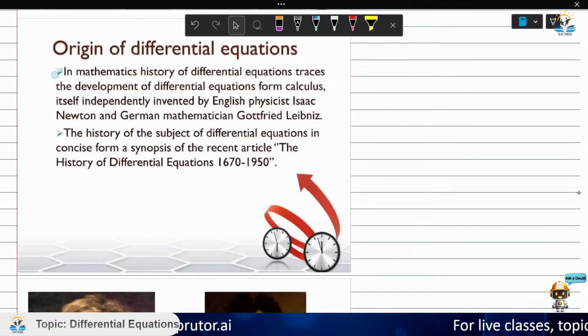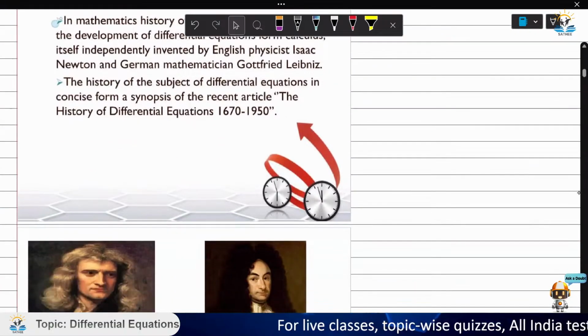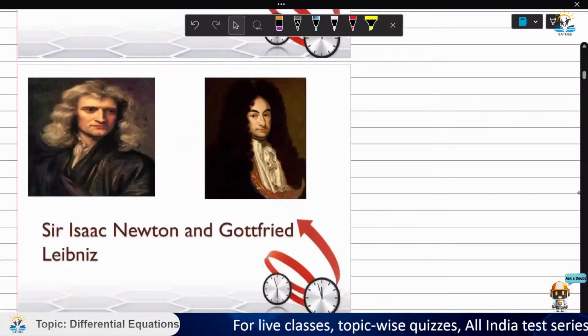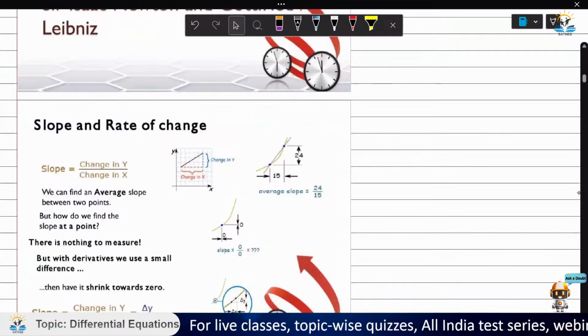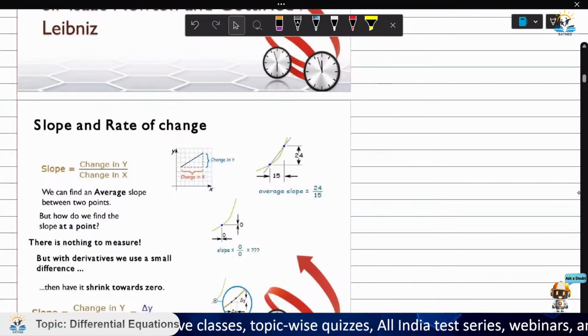The history of the subject is given in concise form in a synopsis of the recent article, The History of Differential Equations from 1670 to 1950. So this was a bit of history.